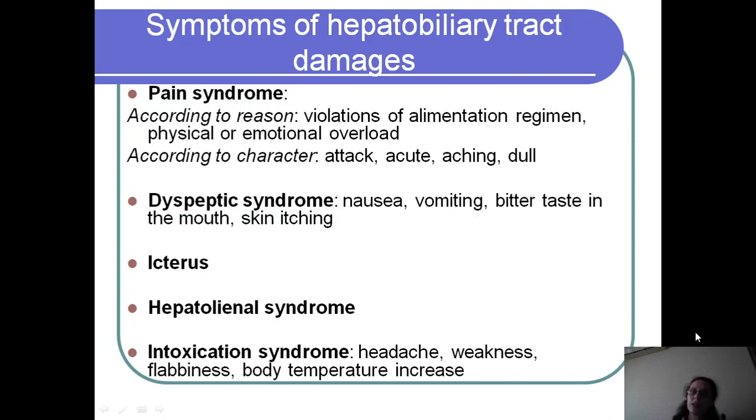They may be related to liver problems, to problems of biliary ducts, or may not be connected to them. For example, it's typical for hemolysis. Hemolysis causes hyperbilirubinemia, an increase of bilirubin, due to the indirect fraction.